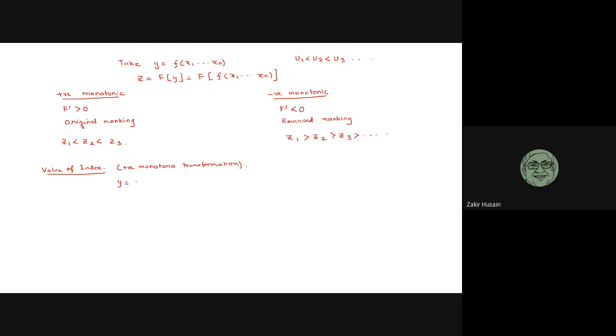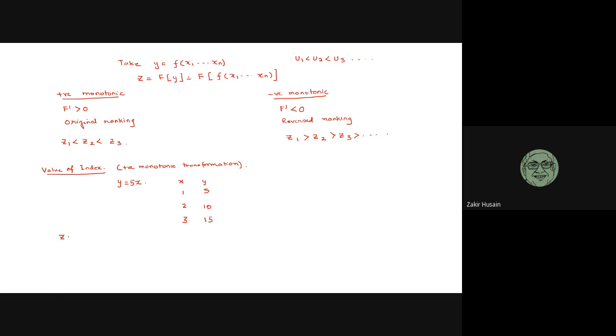So let us say y equal to 5x. If you put in these three values, what is the value of y? This is 5, this will be 10, and this will be 50.